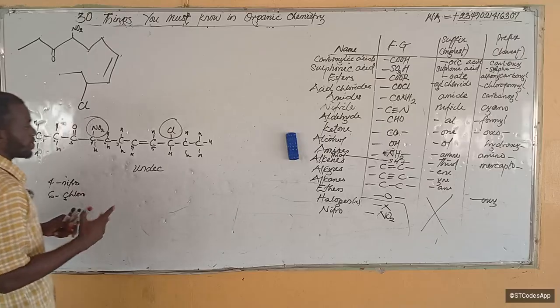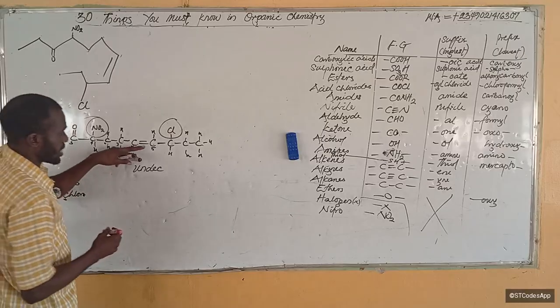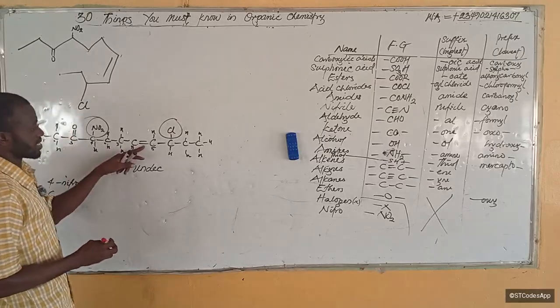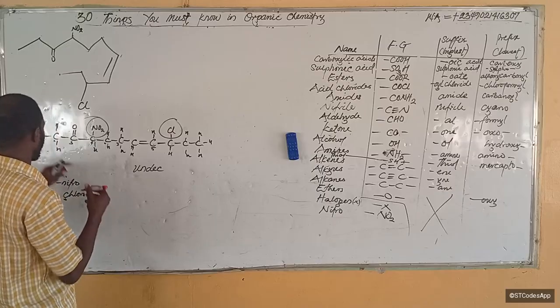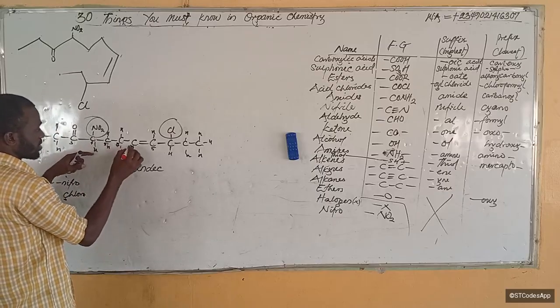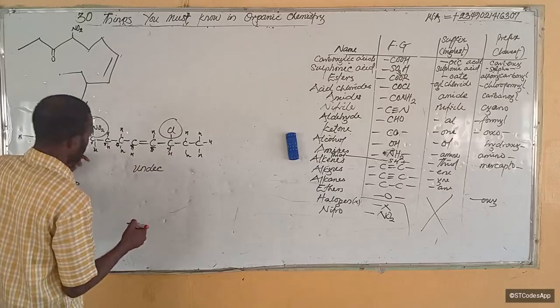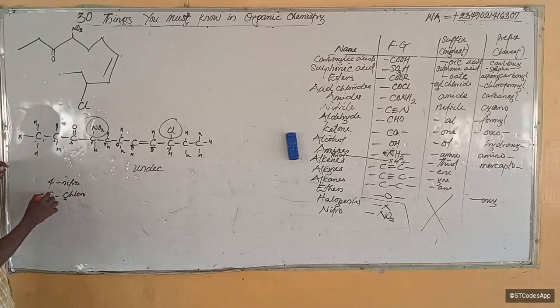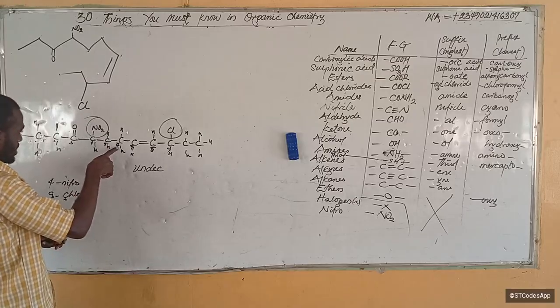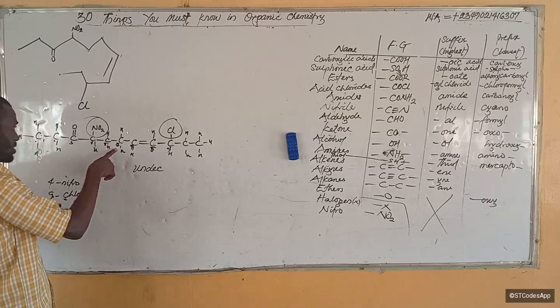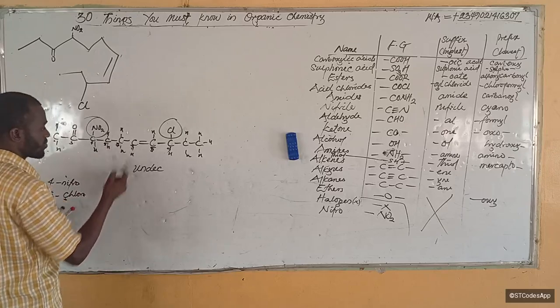Looking at this, the N is on carbon 4. On carbon 1, 2, 3, 4, 5, 6, 7, 8, 9, I'm sorry, 9-chloro. The double bond falls on carbon 7.